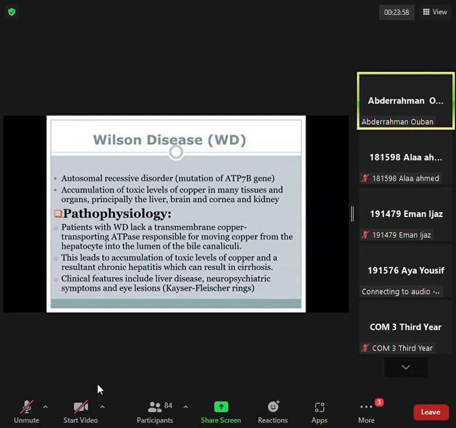The end result is going to be damage to the liver and also overflow of this copper to the rest of the body.